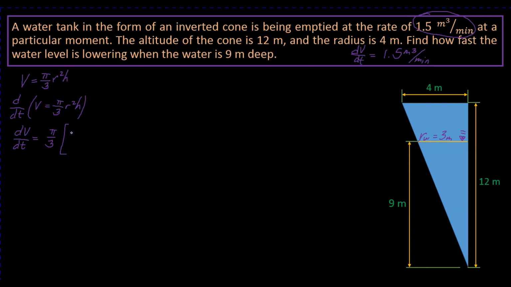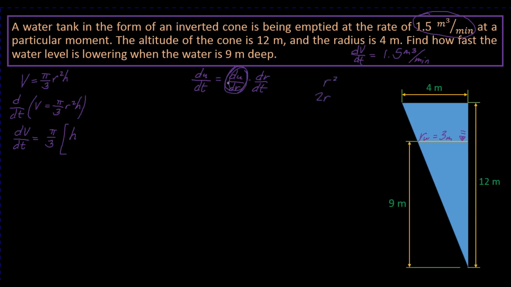First we treat h as the constant and take the derivative of r squared. We use the chain rule here, du over dr and then dr over dt. du over dr means from r squared it becomes 2r.